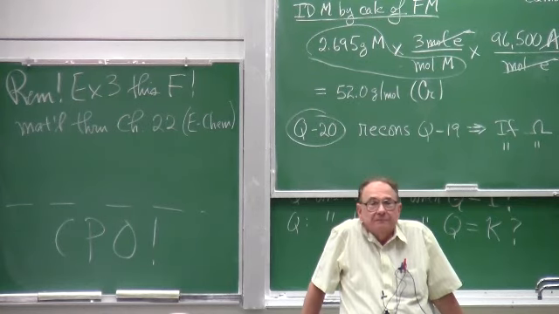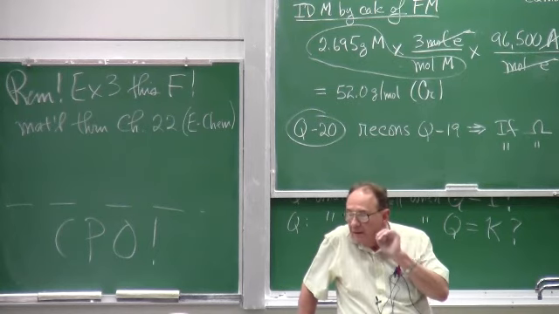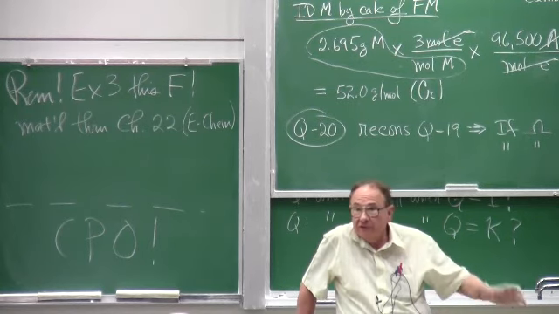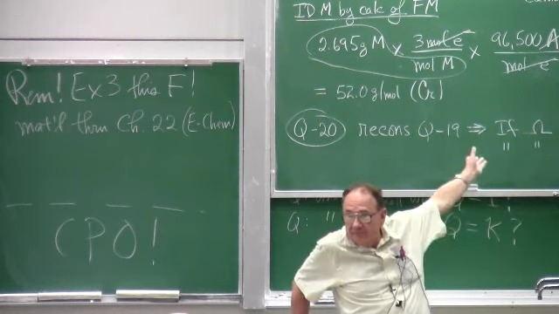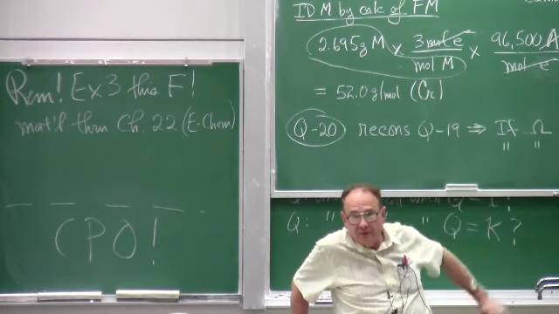By what factor? How many more moles of magnesium will we make relative to moles of chromium? What is the factor? 1.5. 3/2, right? 3 moles of electricity to make the mole of chromium, 2 moles of electricity to make the mole of magnesium.